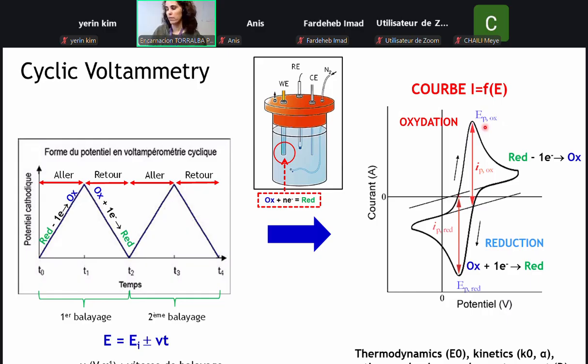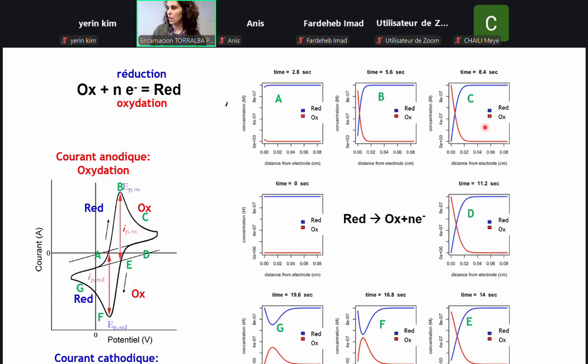the peak current values or the potential values. This, I didn't say anything about this. This is just the evolution of the concentration profile, of the concentration with the distance to the electrode at several points. I think, well, if you want to take a look and you have some questions, you can ask me.